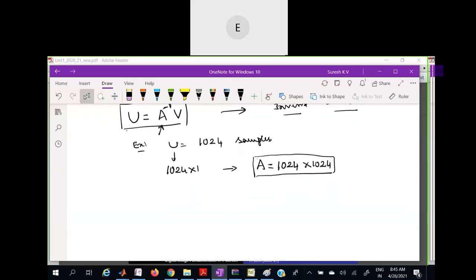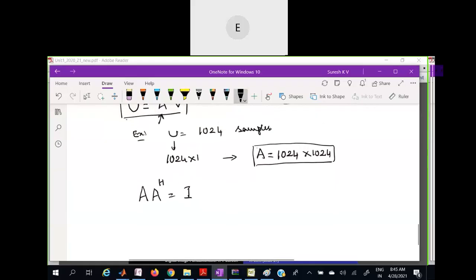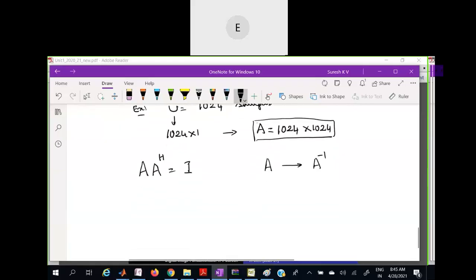Now just carefully observe, suppose the matrix satisfies the Hermitian property, we just now wrote that A into A Hermitian is equal to identity. Okay. Now can somebody tell me, for a matrix A, if I represent A inverse as its inverse, what should be A into A inverse? Linear algebra.